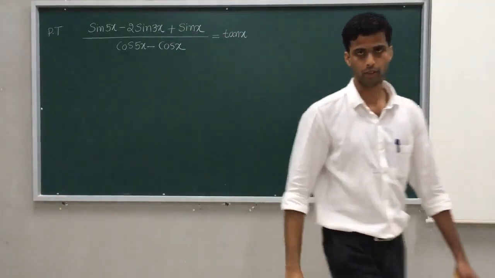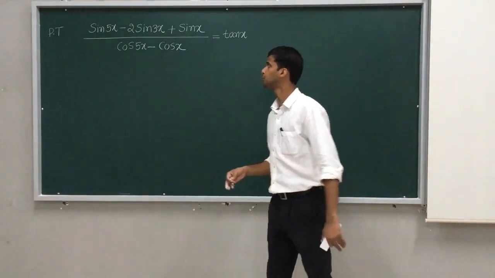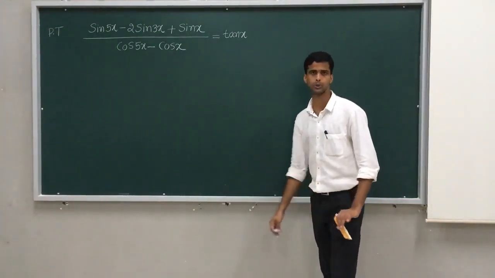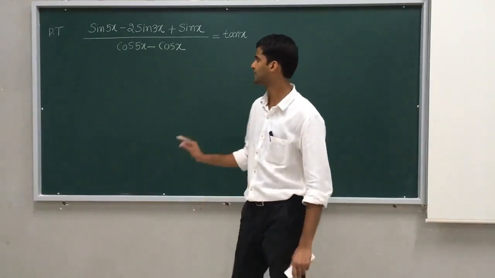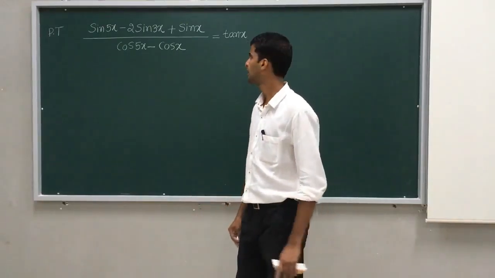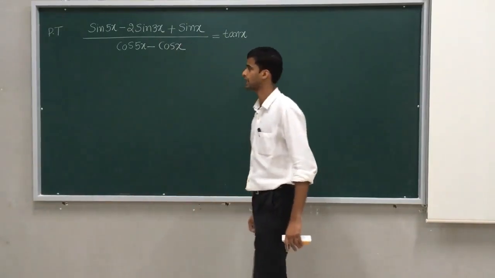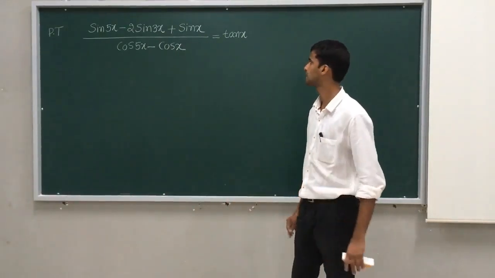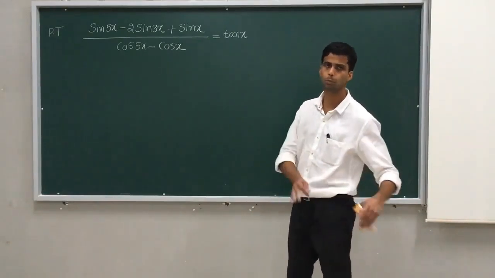A bit interesting question. You have two options to solve this particular problem, though it looks very simple. When you go inside, you will get confused. Either you split 2 sin 3x as sin 3x plus sin 3x, that is minus sin 3x minus sin 3x plus sin x, and solve it like this. Otherwise, make some group.